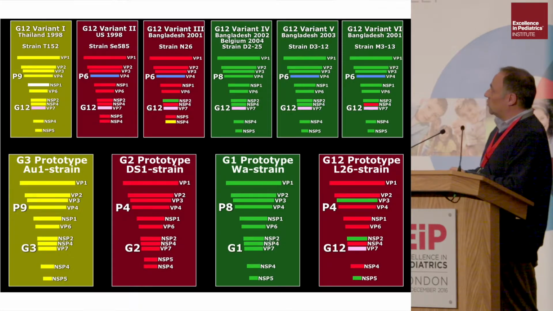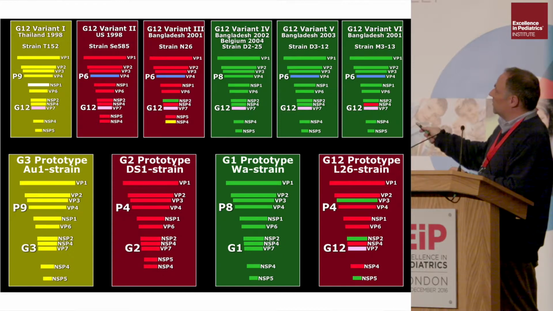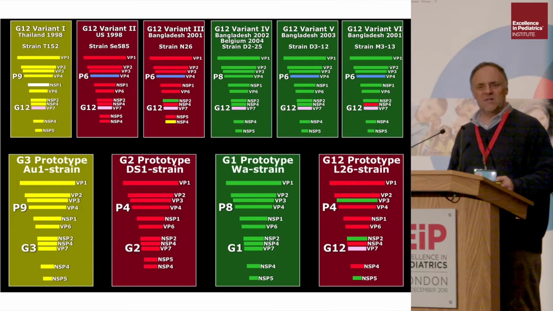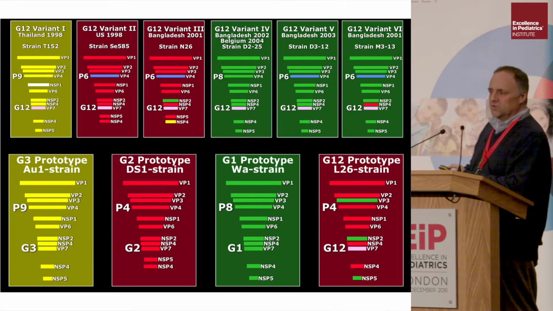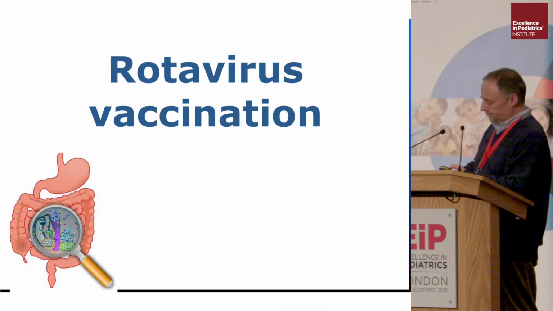In fact, you have G12s that are only G12 because the VP7 is G12, but otherwise they are a G3, or here in red, a G2 prototype, or G12s that, except for G12 and G12 and P6, rather resemble the WA strain. So the diversity behind the G or the P type is quite amazing.